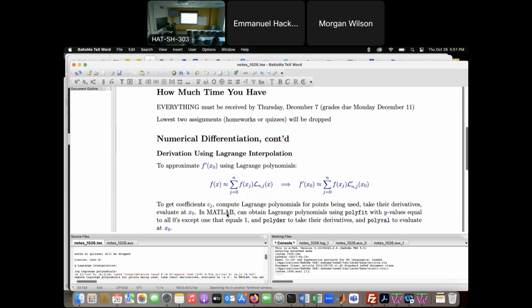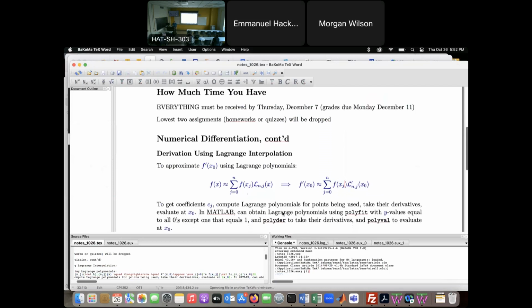Now, the way that you can get Lagrange polynomials, of course, you have a homework problem on this, although I had to use a different approach in the homework problem. But what you can certainly do is use MATLAB's polyfit, where the x values are the points that you're plugging into f, and the y values are all zeros except one of them equal to 1, because that's how Lagrange polynomials behave.